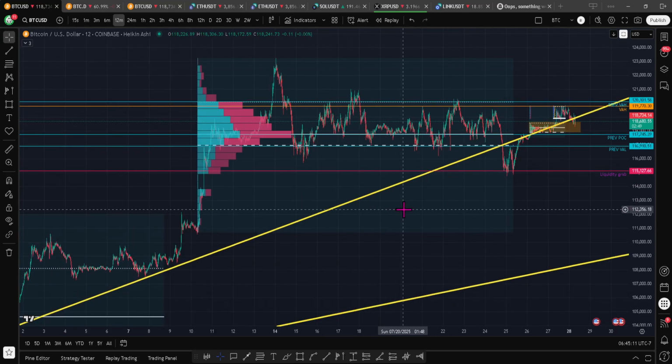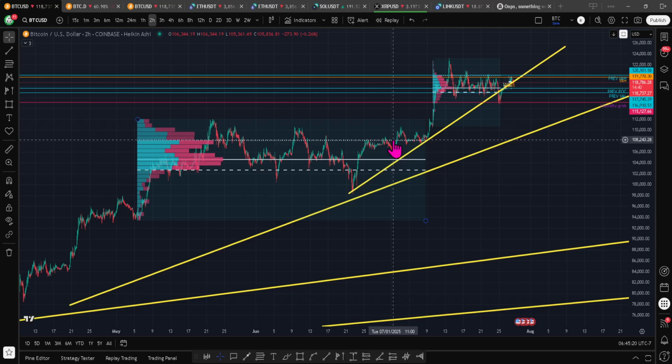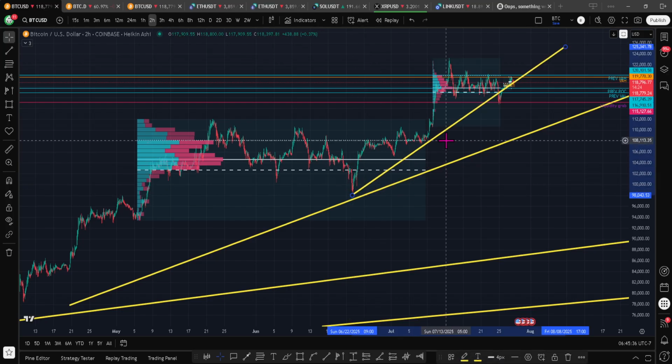We also have to pull back and take a look at, since we're teetering at the brink of a breakdown, we also have to keep this level in mind as well, which is 108,200, as a possibility of where, if we do get a breakdown and we come back to this trend line, then we're not necessarily bearish, but it would be a big reset in my estimation.